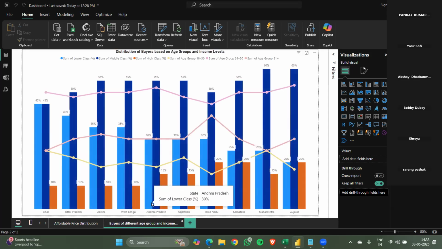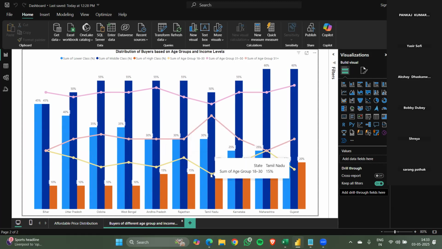And from here we could see that the least age group of 18 and younger was in Tamil Nadu. In Tamil Nadu, the total number of young people, in the teens and so on, was only 15%. So not many young people were going out and buying sarees.